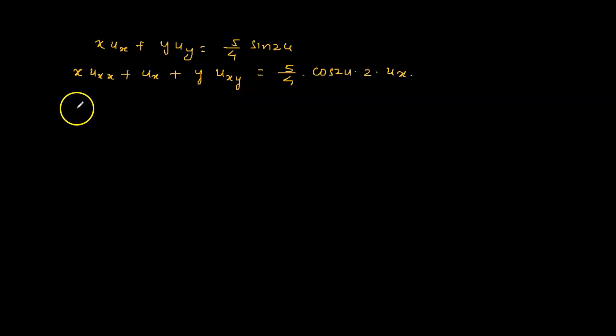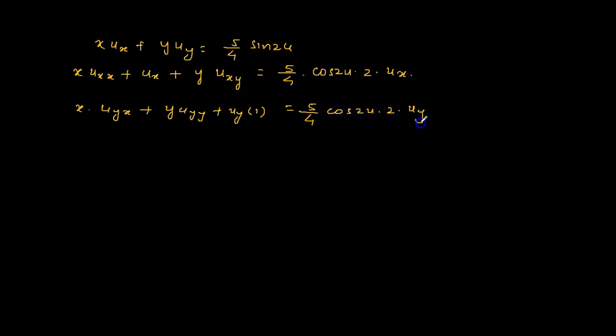Similarly with respect to y, x is constant here, so x into u of yx plus y into u of yy plus u of y into 1 is equal to 5 by 4 sine 2u, which becomes cos of 2u into 2 into u of y.